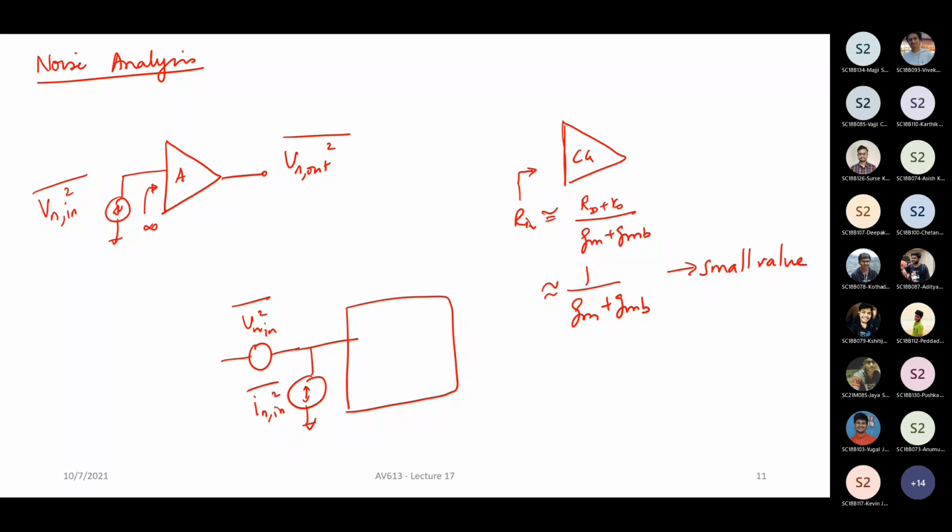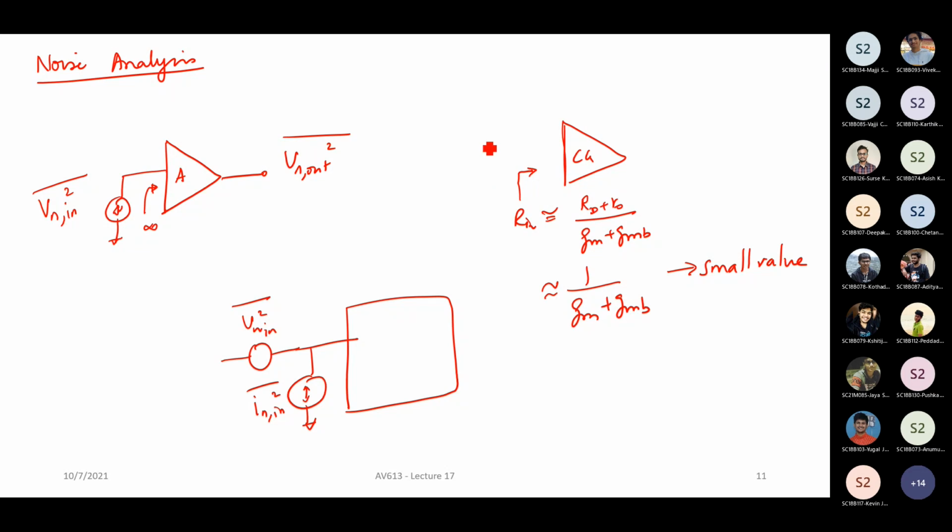Because the impedance is low and there is current flow into the circuit, the noise is represented as an input referred noise voltage power spectral density as well as an input referred noise current power spectral density. The reason being that the actual noise that is added by the circuit will also depend on the impedance seen on the previous side.